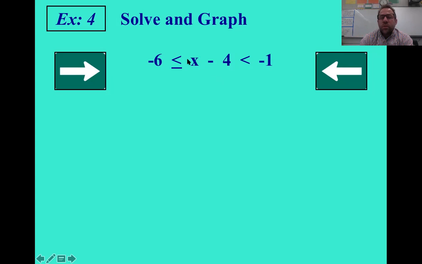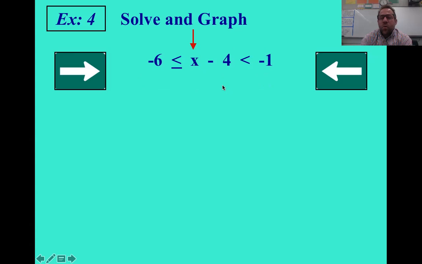So what I'm going to do is solve this all at the same time. This might be a little different than you've seen before. So there's my variable, and I want to isolate my variable, so I need to get this out of here. So I'm going to add 4, but I have to add 4 over here, and I have to add 4 over here. Okay, let me show you that again. I want to isolate my variable, so I'm going to add 4.